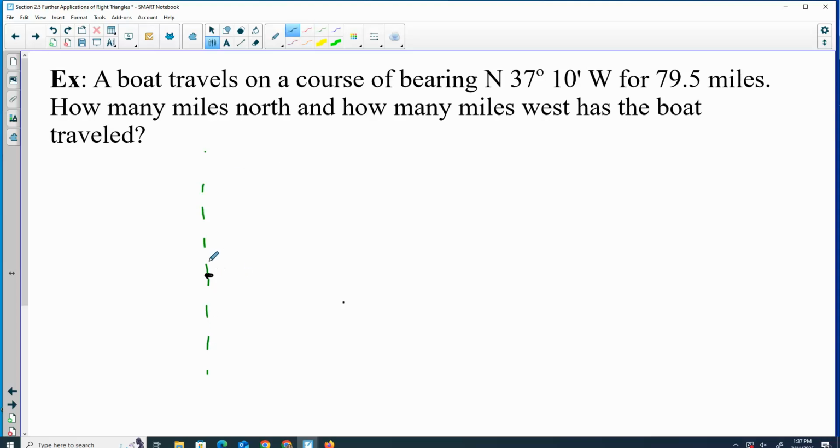And so from there, I'm going to go northwest. My angle is 37. How many miles north and how many miles west has the boat traveled?